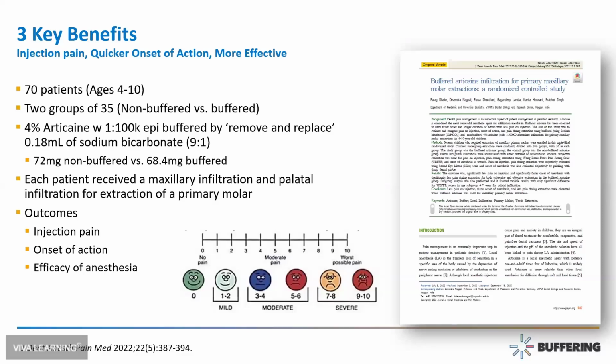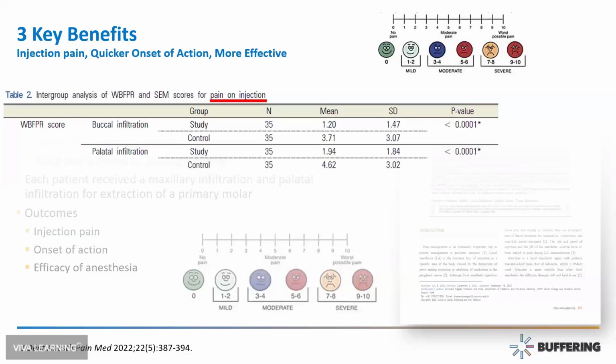In the middle of the slide, you see the scale they used for the patients to rate their pain. That's called the Wong-Baker Faces Scale. It's numbers as well as pictures, so the patient can point to the face that corresponds with the pain they're feeling. This first part is pain on injection.